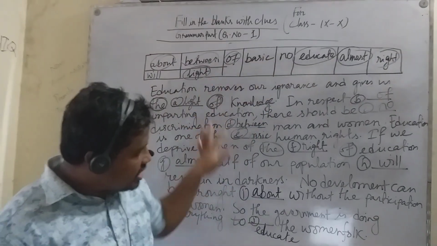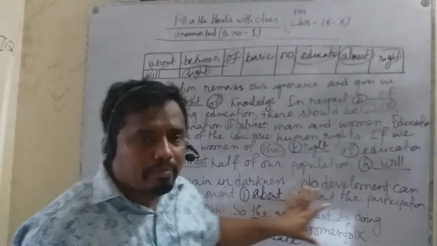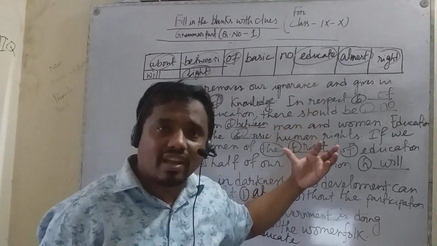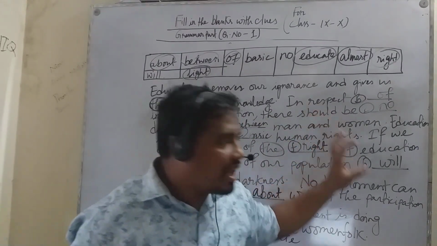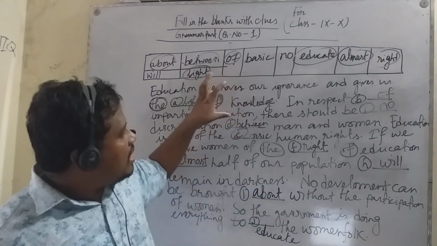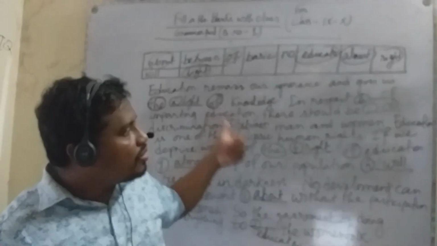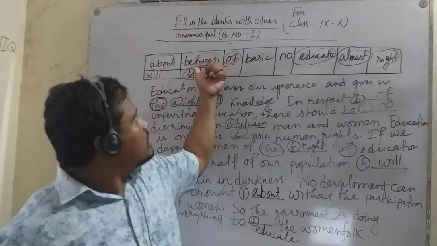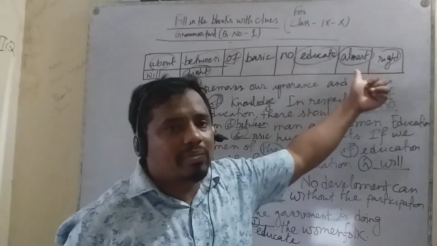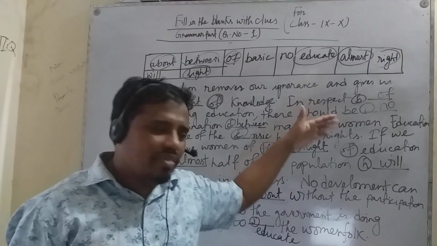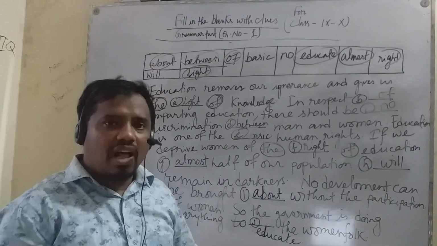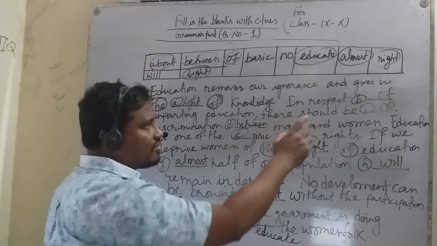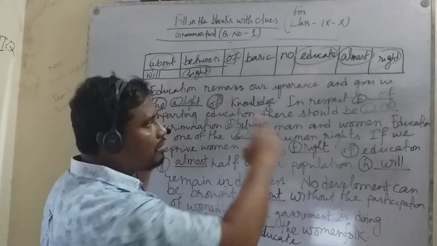First of all, you will read the whole passage, then try to understand the theme of the passage. After understanding the theme, you will start to know the meaning of the given words. Then you can use them perfectly in the gaps. After putting any word in the gap, you have to understand the meaning of the sentence.